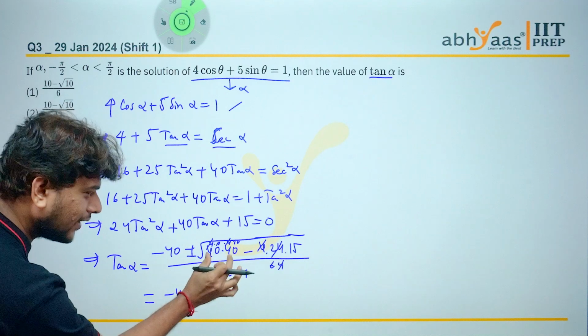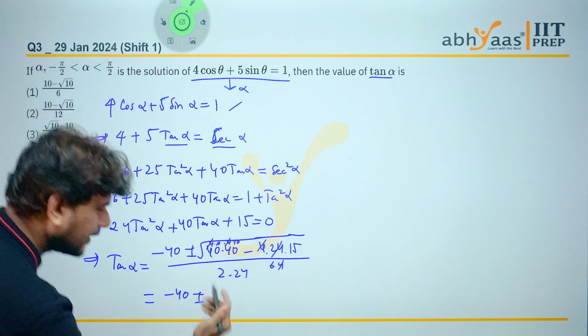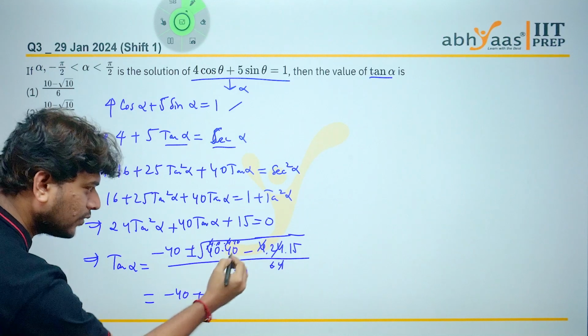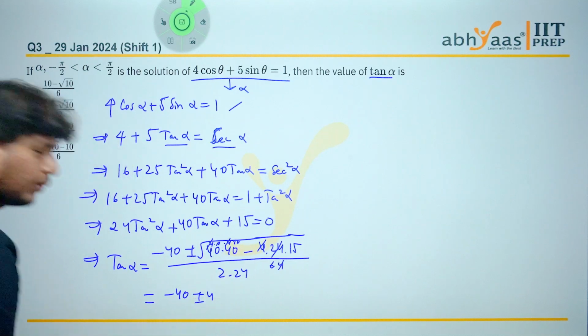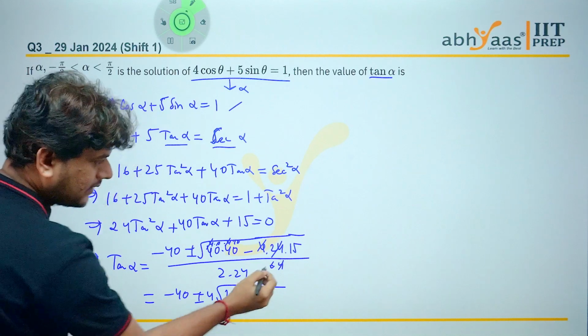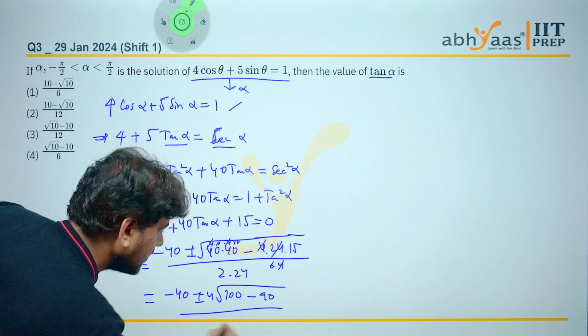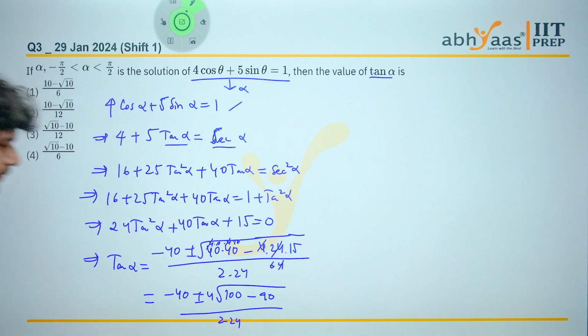In the root, we are having two 4s with a minus, so we are taking common. Since it is root of 4 square, we are having 4 only. Root of 100 minus 90, by 2 into 24.